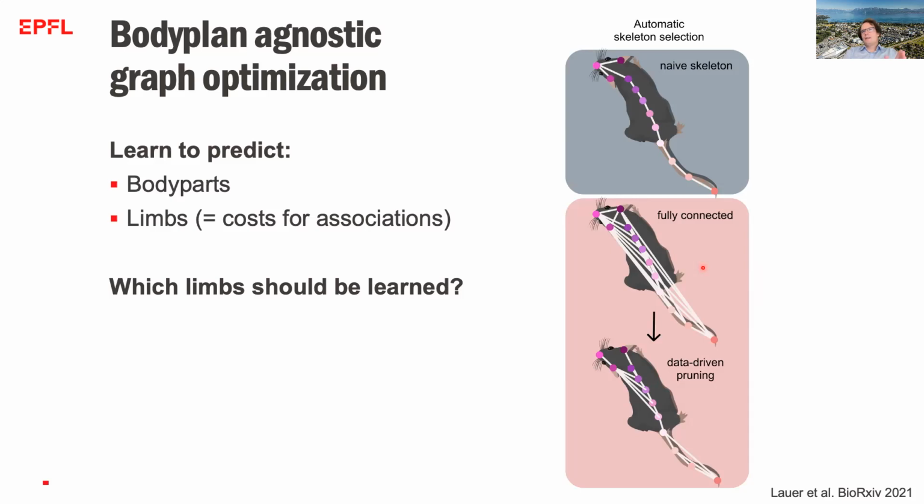And then at evaluation, there's an additional step where we cross-validate which connections, which part affinity fields are actually useful for assembling individuals. And this down here is indeed the optimal skeleton of the same degree as this naive skeleton up here.